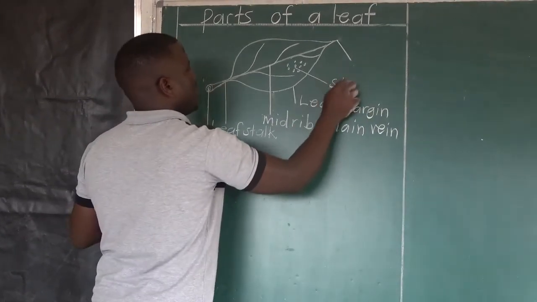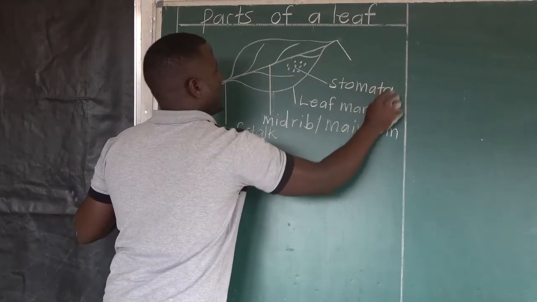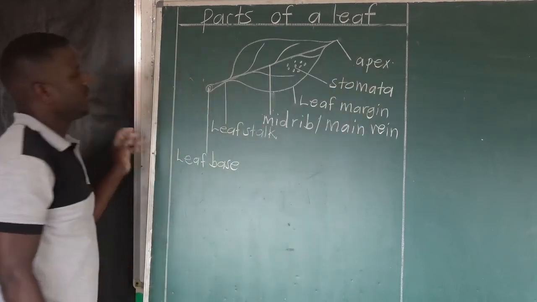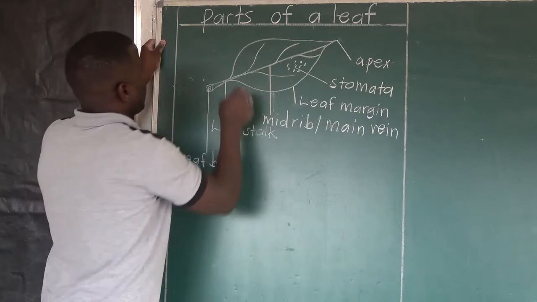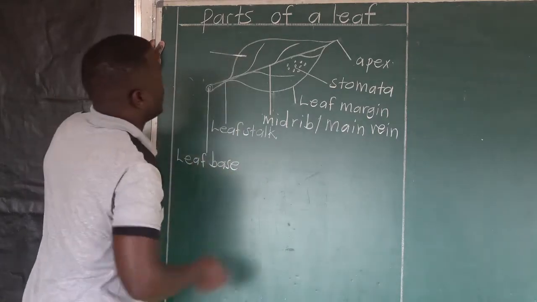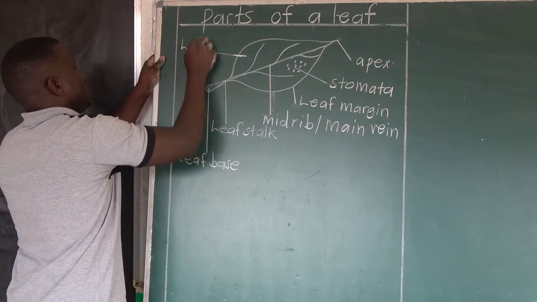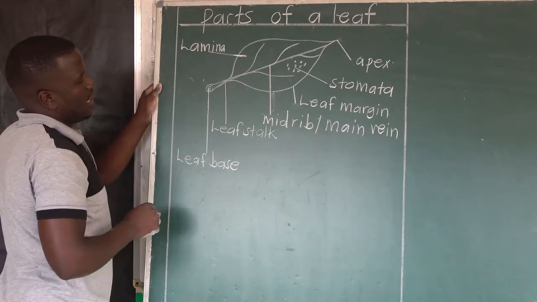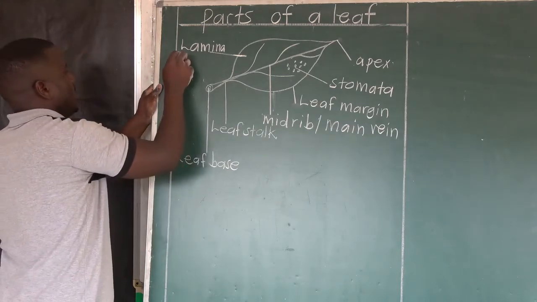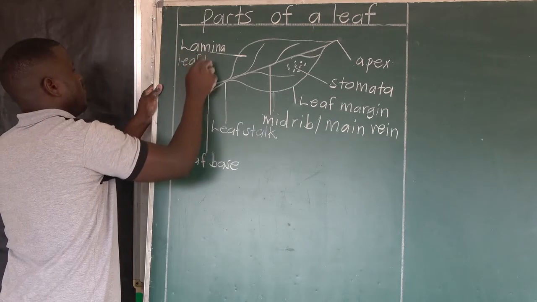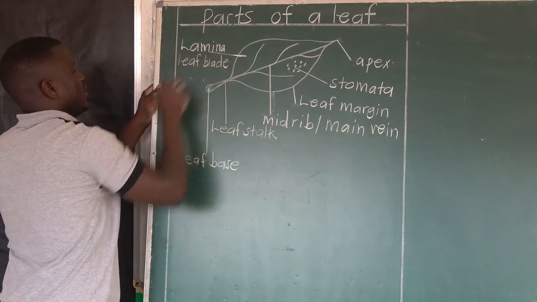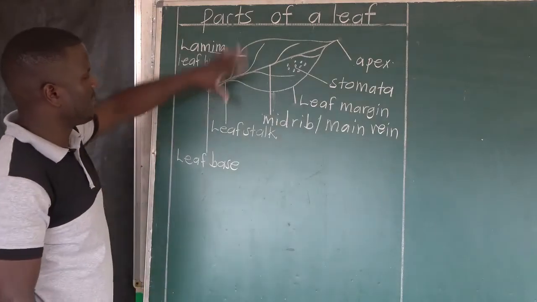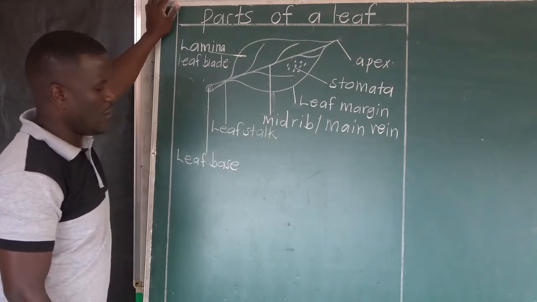Then stomata. Then this one is apex. Apex. Then in that part there, it's called lamina. Some people call it leaf blade. Leaf blade or lamina. That's how we name parts of a leaf.